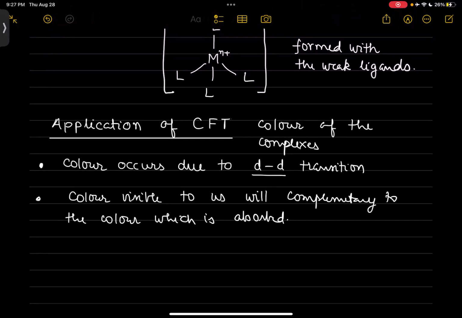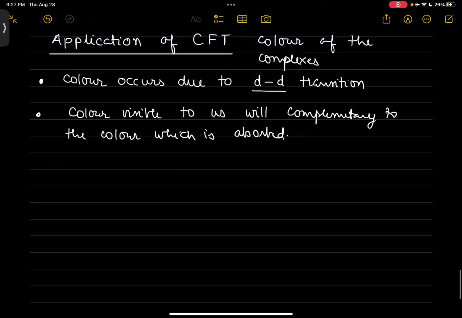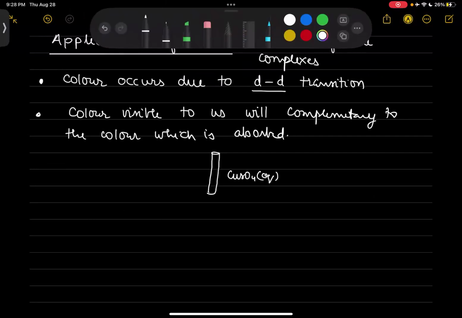So you just make the color wheel. The color wheel is made up of all the colors which are present in the sunlight. Sunlight actually has all the colors. So copper sulfate solution is appearing blue to us. Why does it appear blue?